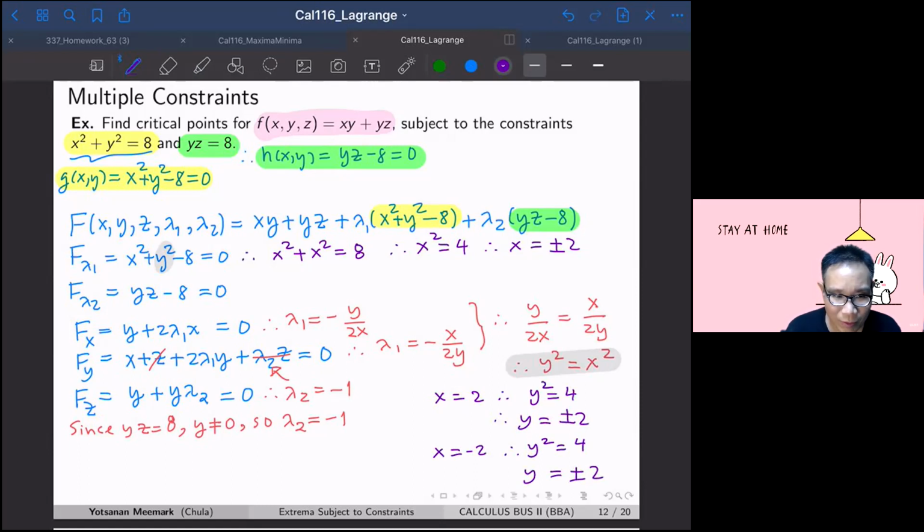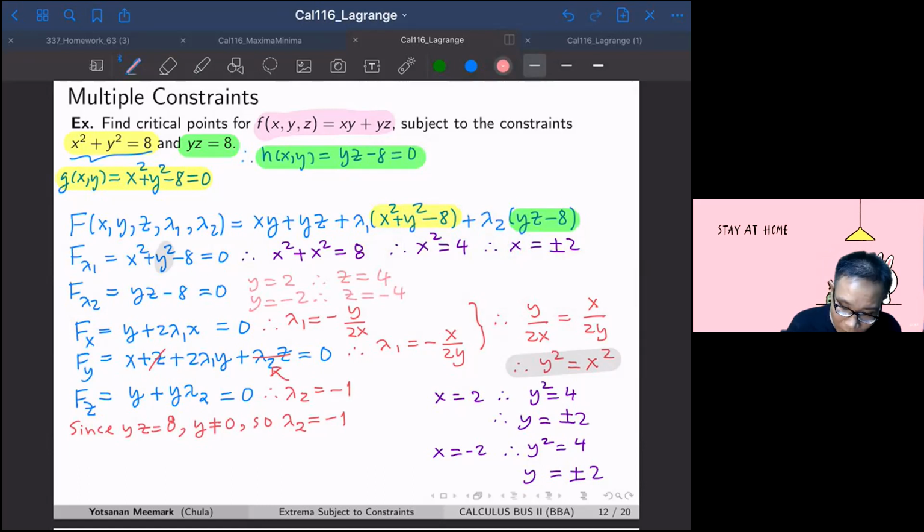And after you have y, you're going to use the last equation. So y equal to 2, you would get z equal to 4, and y equal to minus 2, you get z equal to minus 4. Okay, so you get y and z respectively, like this.